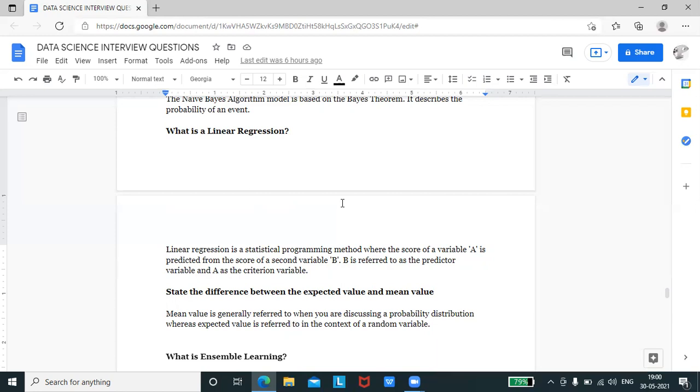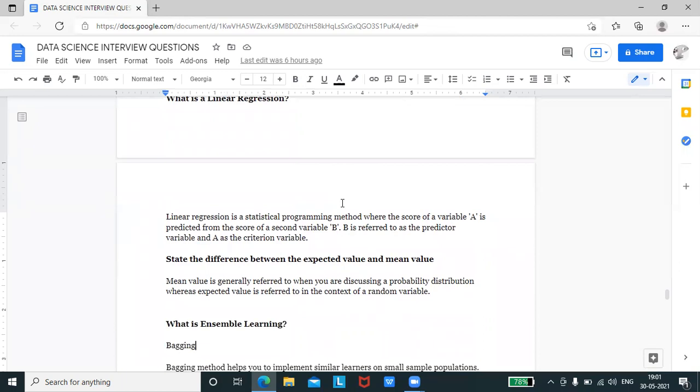The sample mean is defined as the expectation of the data with respect to the empirical distribution of the observed data. This makes it simply the arithmetic average of the data. So this is the difference between expected value and the mean value.